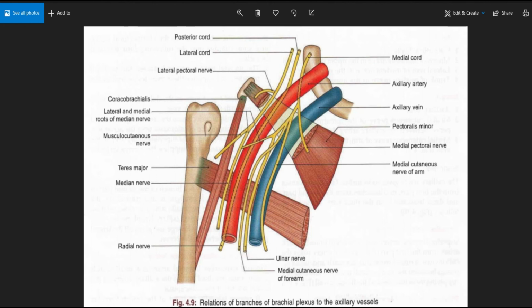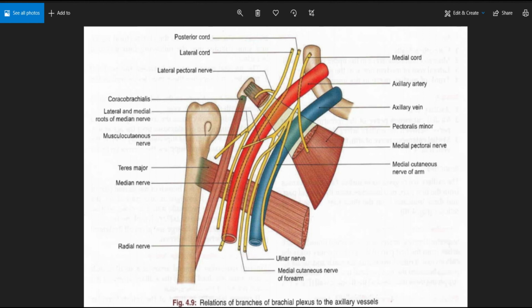Whereas the posterior chord has two major terminal branches. The radial nerve, which is a posterior relation for the third part, and the axillary nerve. Where is the axillary nerve? Over here. Okay, I don't think they have shown it. It should be over here somewhere.